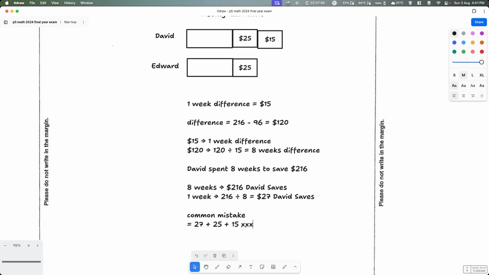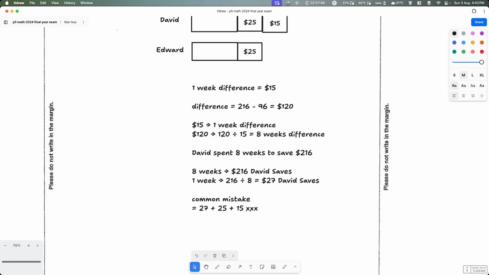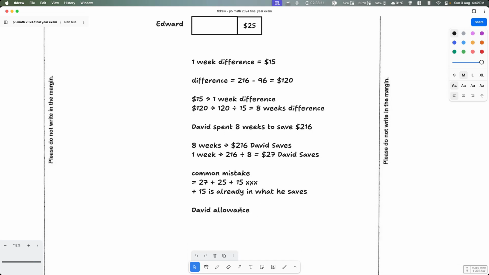This is wrong, because the $15 is already included in what he saves. So for David's allowance, I'm going to put a cross here.